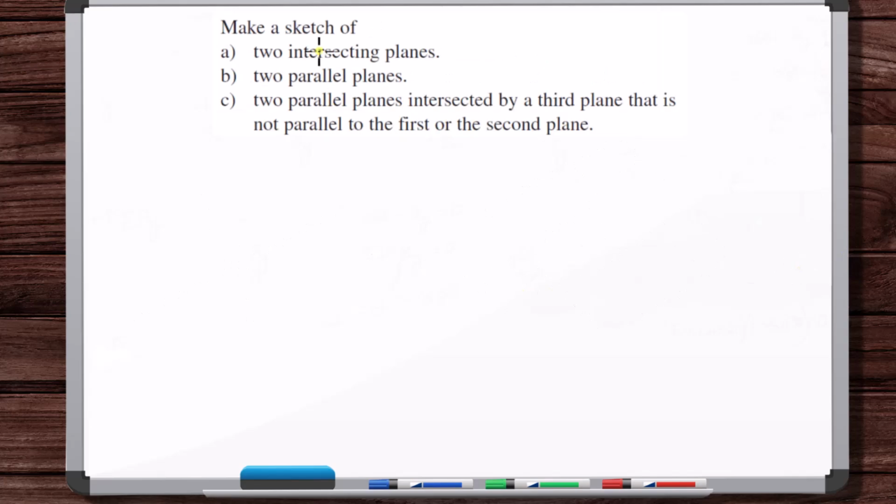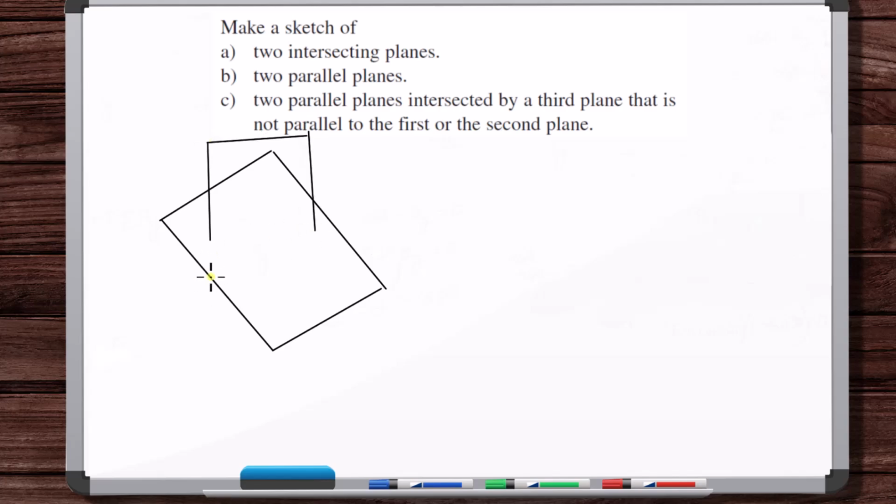All right, make a sketch of two intersecting planes, two parallel planes, and then two parallel planes intersected by a third plane that is not parallel to the first or second plane. All right, so let's see. We've got two intersecting planes would be like, there's one, and then you'd have another, and I guess you wouldn't see it at the bottom if I'm trying to make this look real.